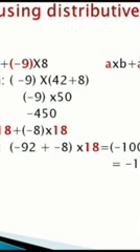As you know, in the distributive property, A into B plus A into C is equal to A into (B plus C). It means here A is common. Now, in the given question, -9 is common. So, you can take -9 as common.